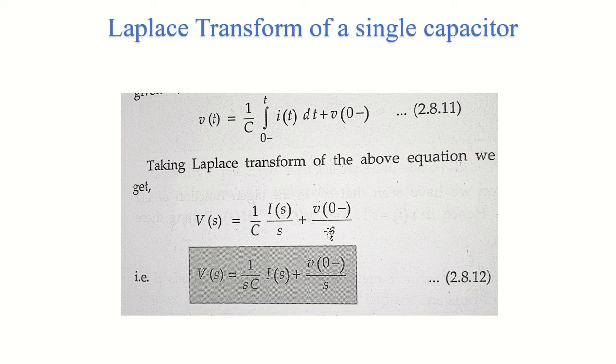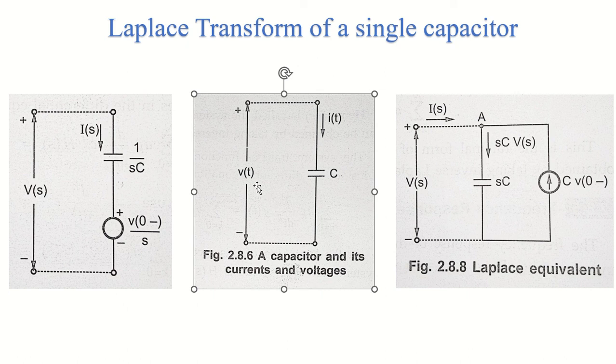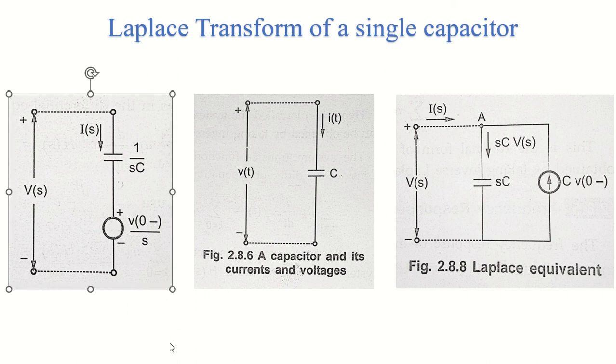So based on this equation we can prepare the Laplace circuit again, and the initial circuit was this. In the time domain we were having V of t as my voltage, I of t as my current, and capacitance as C. And in the Laplace or frequency domain, you will have this as your circuit.